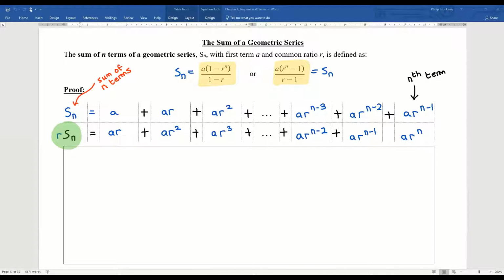Now the question is, do you notice anything interesting? Well, there is some similarity, isn't there? If we look at the diagonals, we have similarity there. We have similarity there.